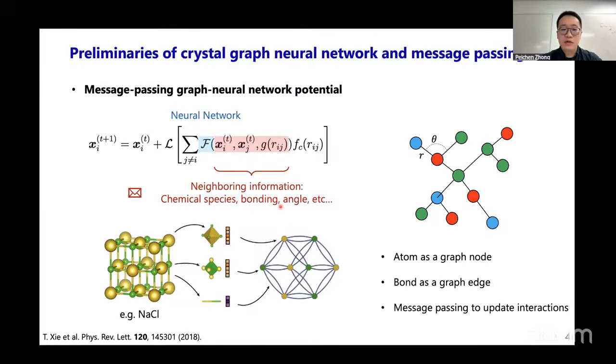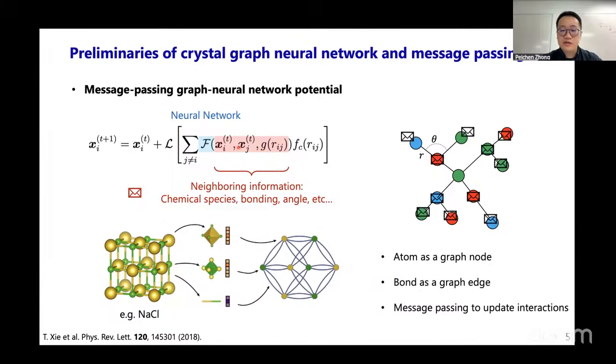The typical way of constructing the interatomic potential is to use a graph architecture, also known as a message passing graph neural network. In a message passing graph neural network, you transform the molecule or the crystal into a graph where the atoms are considered as graph nodes, and the bonds between the atoms are considered as graph edges.